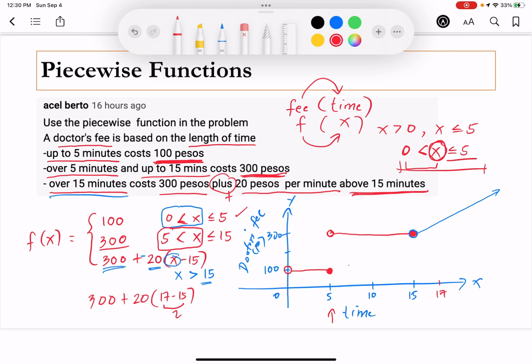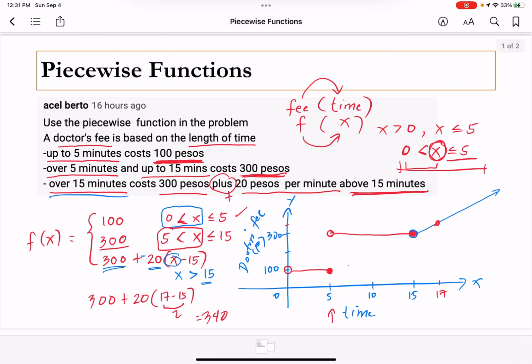So, 2 times 20 is 40. So, 40 plus 300 is 340. So, if that's 300, it's somewhere here. Right? So, as you can see, it's really increasing. So, that's how you would graph the function. Okay? So, kung meron pa kayong tanong, just comment down below in the comment section.